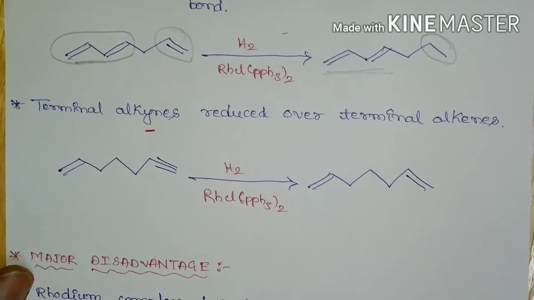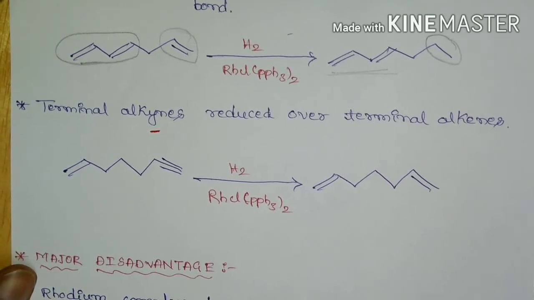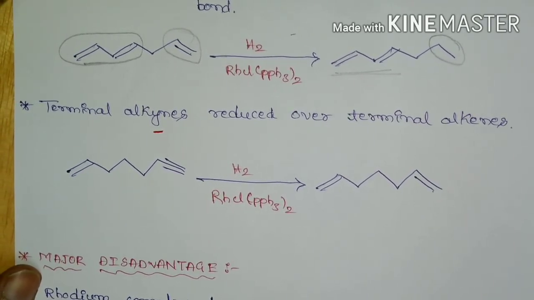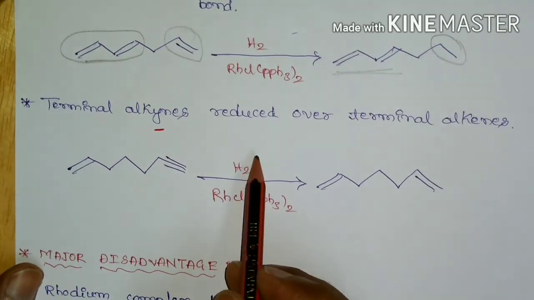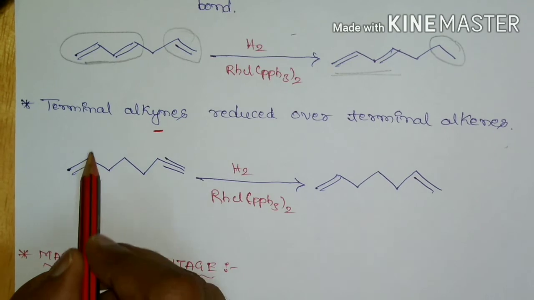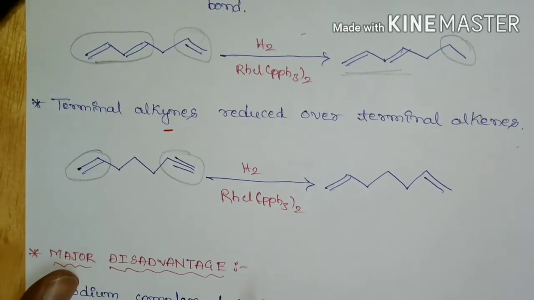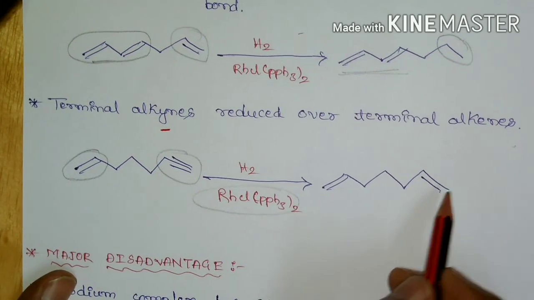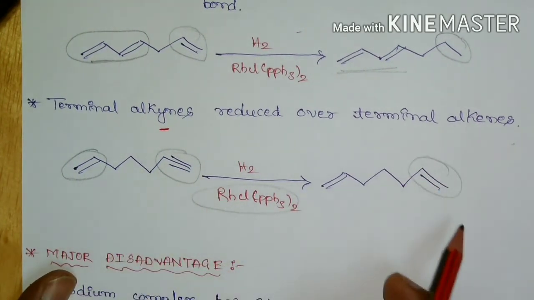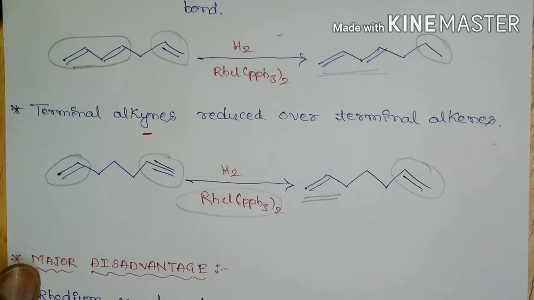And if both alkyne and alkene are present in the molecule, then terminal alkynes are reduced over terminal alkenes. Here this is the alkene and this is the terminal alkyne. Wilkinson catalyst will reduce the terminal alkyne and the carbon-carbon double bond is unaffected.